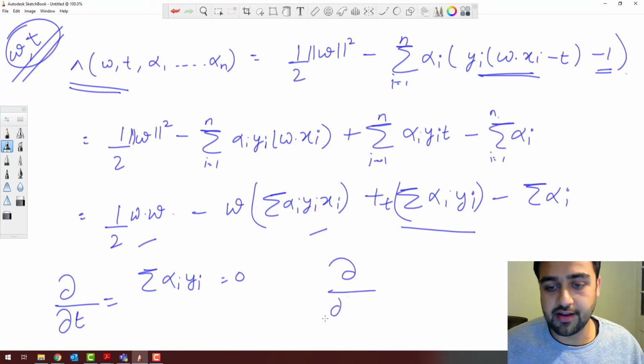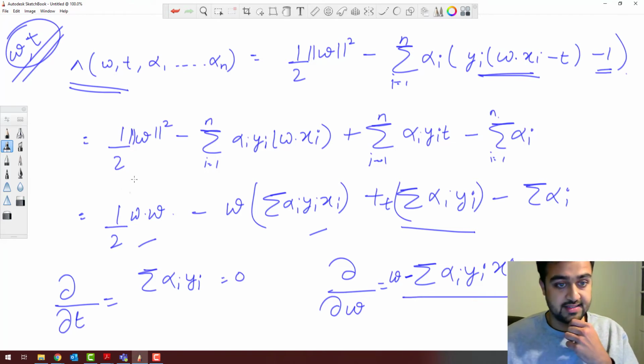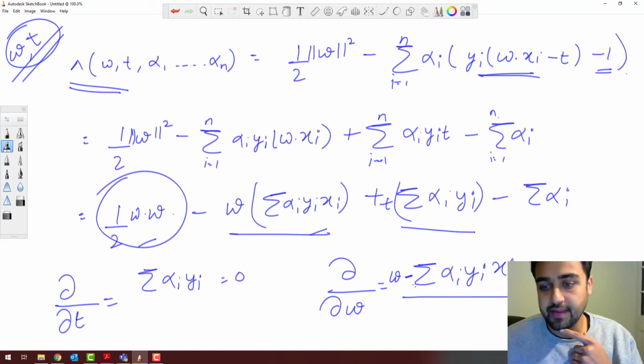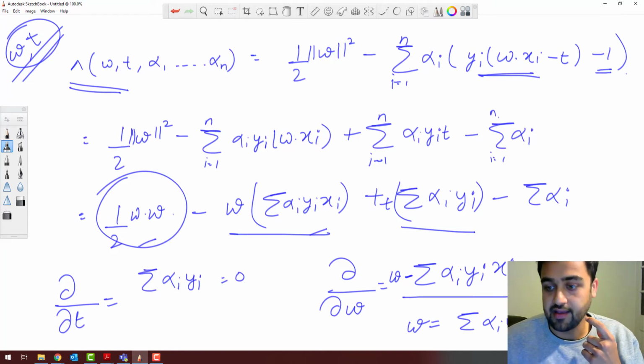And if we differentiate it with respect to w, we would get sigma alpha i yi xi minus w, because this term becomes w. This term, as w is multiplied by sigma alpha i yi xi, it becomes minus sigma alpha i yi xi, equating it to 0. We get our w is equal to sigma alpha i yi xi.